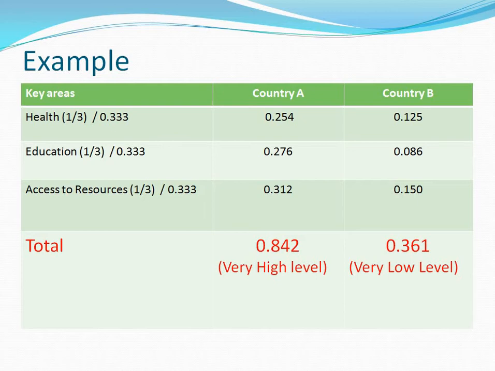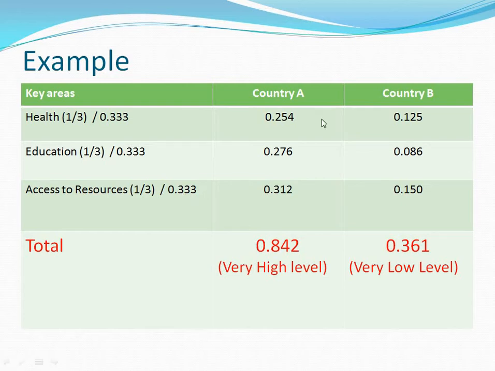There are 3 areas: health, education, and access to resources. Health 1/3, education 1/3, access to resources 1/3. In decimals you may convert it to 0.333. Total marks of one subject is 0.333 for health, 0.333 for education, 0.333 for access to resources.